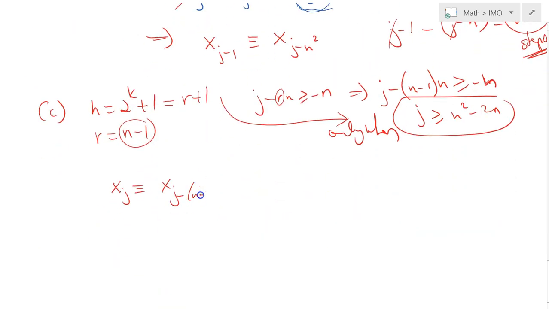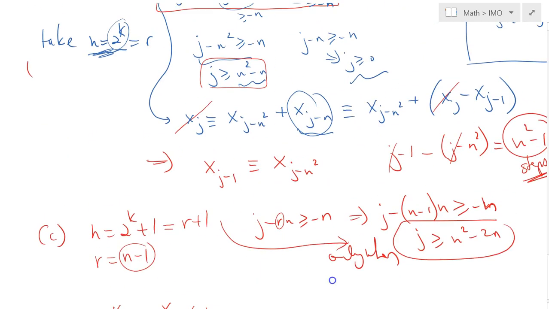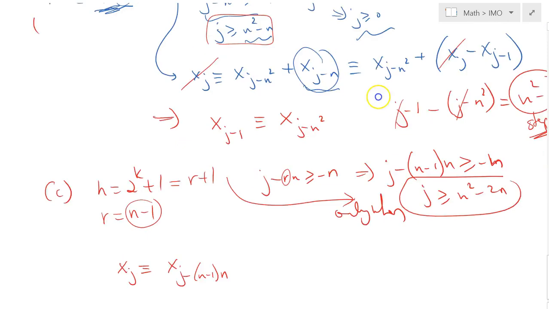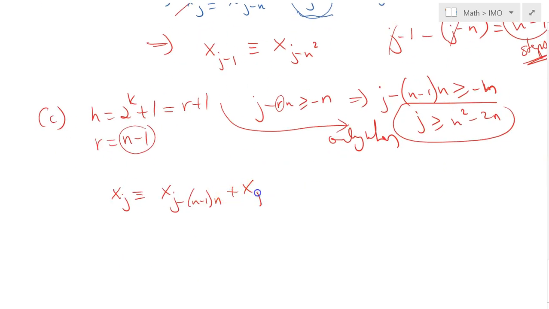So r is just n minus 1 times n, and the other one here is j minus r plus x sub j minus r, which is now n minus 1, so n plus 1, right? So therefore this is simply congruent to x j minus n squared plus n plus x j minus n plus 1.